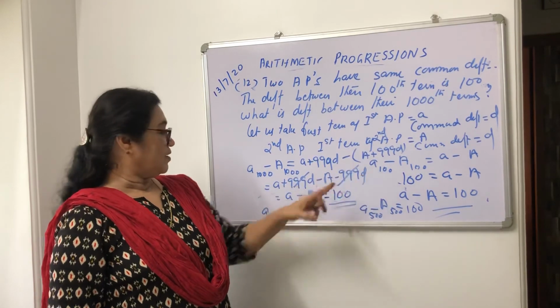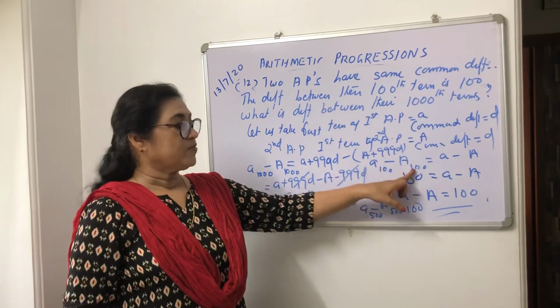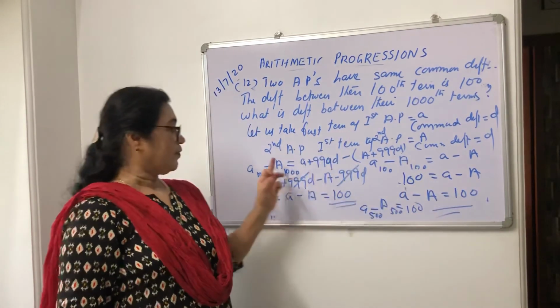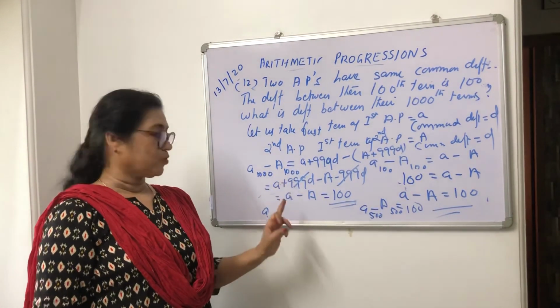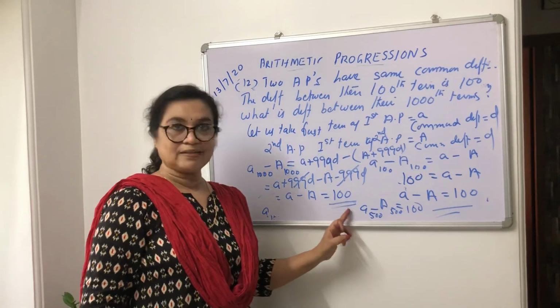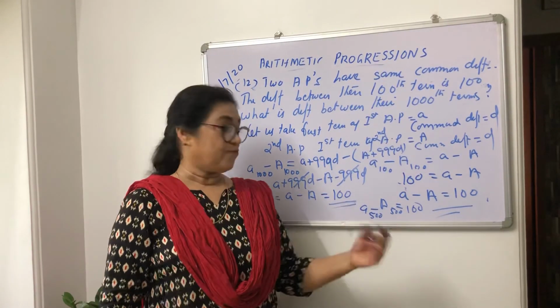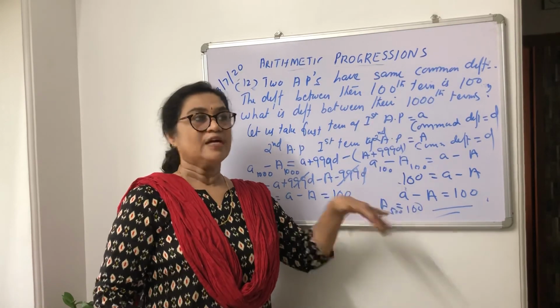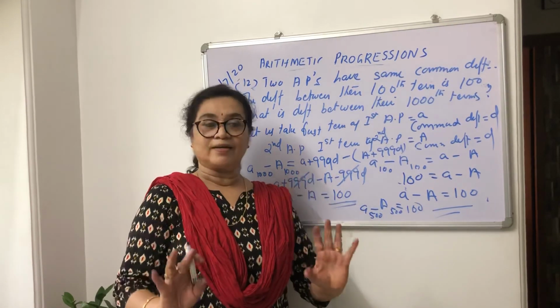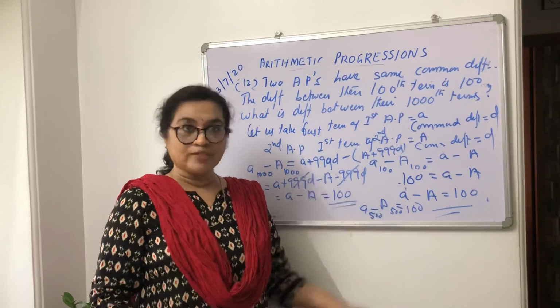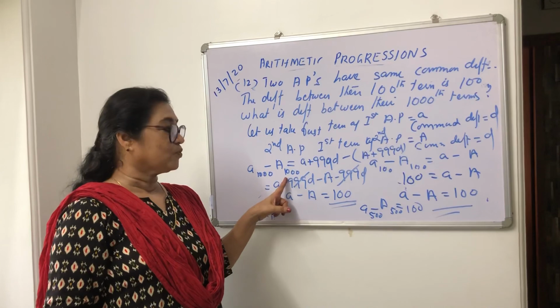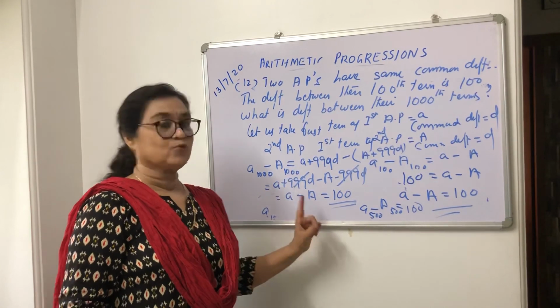The difference between the 100th terms, the 1000th terms, the 500th terms, and even the 20,000th terms is the same as the difference between the first terms, that is 100.